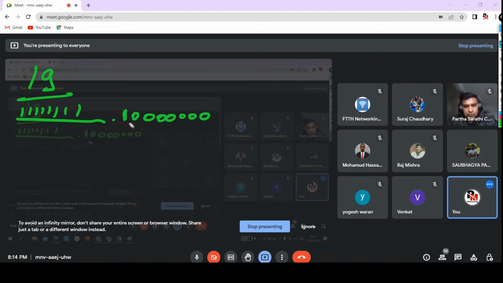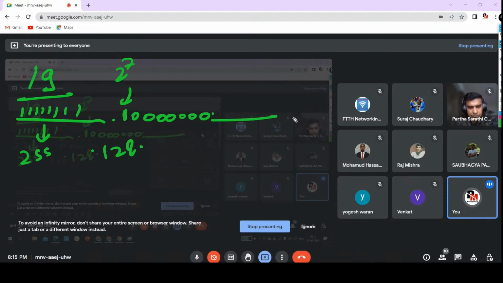So what will the value be? 2 to the power 0, 2 to the power 1, up to 2 to the power 7, all are 1. If you add all values together, you will get 255. And here this one is 2 to the power 7, meaning 128. In the third octet all bits are 0, in the fourth octet all bits are 0, so your value will be 0, 0. That means for /9 the subnet mask will be 255.128.0.0. Am I right?